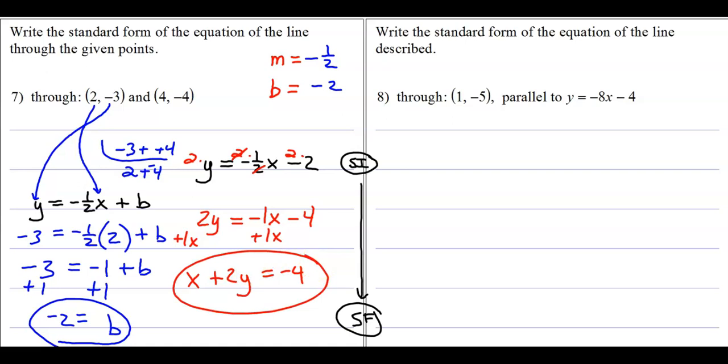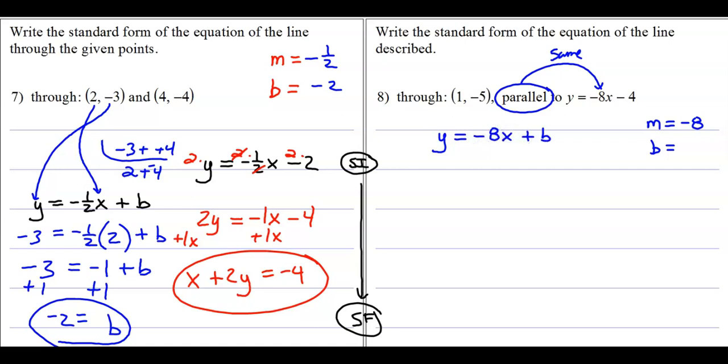Number 8. We want to be parallel. So if we want to be parallel to that guy, that means we need to keep our slope the same. So we always need to use the same slope for parallel. B is what I don't know, so we got to solve for b. Let's check this out. Y equals -8x plus b.